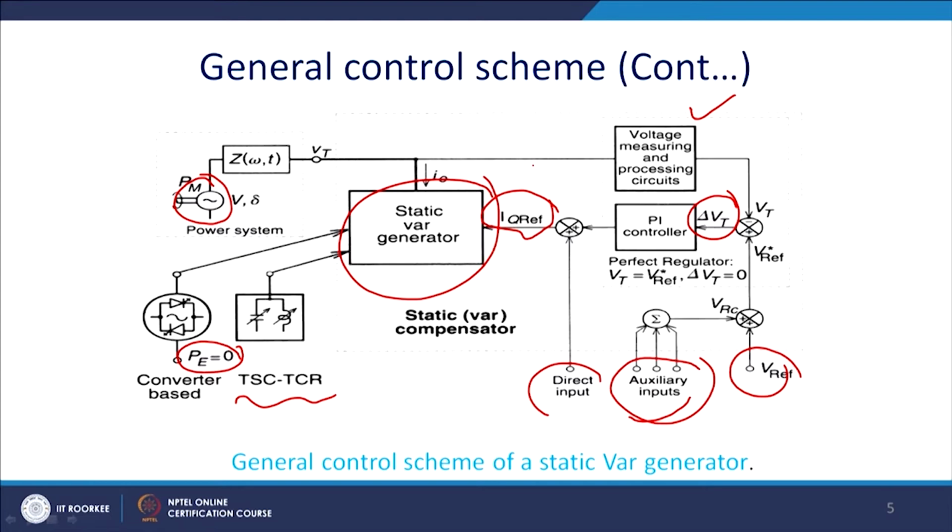With this IQ reference, you may get a hybrid STATCOM, or you may have this kind of control device, so that you require to inject the voltage proportional to the IQ reference.